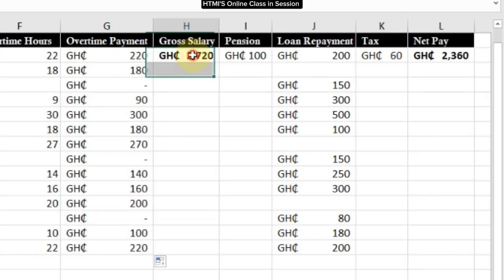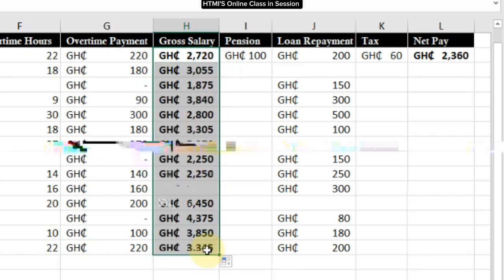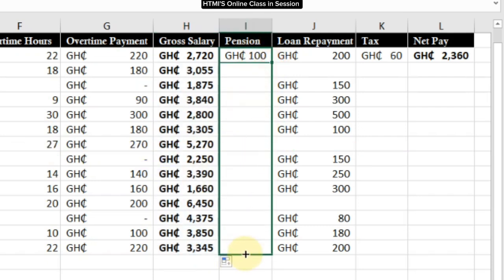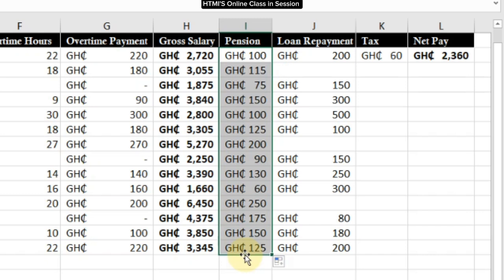Then the gross salary, you do the same thing. You drag across, and the gross salaries for each of the workers will show. The pension for each of the workers, you drag it across as well. The pension will show because their salaries are different, so the percentage applied to each of the salaries will bring different results.